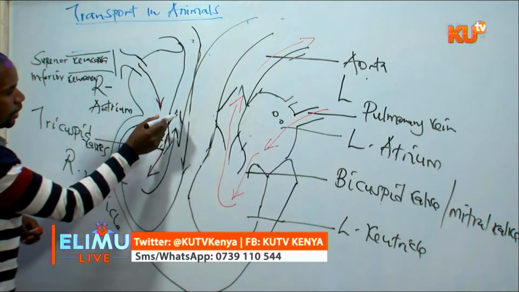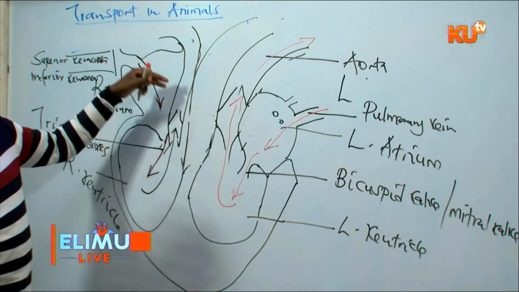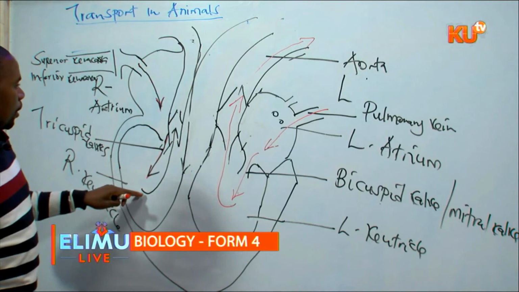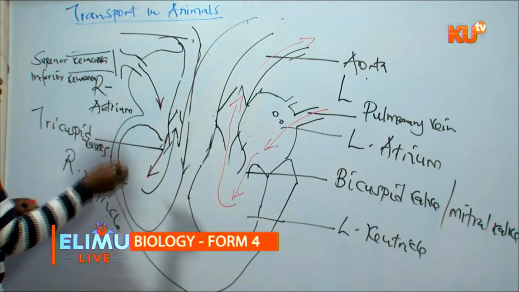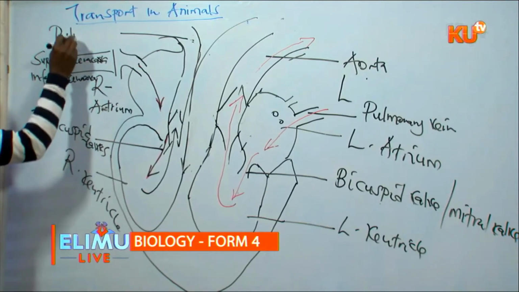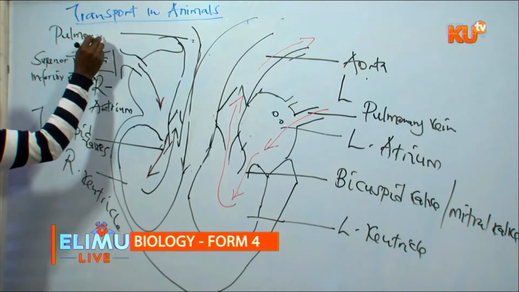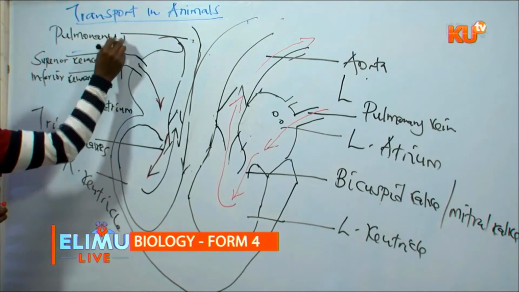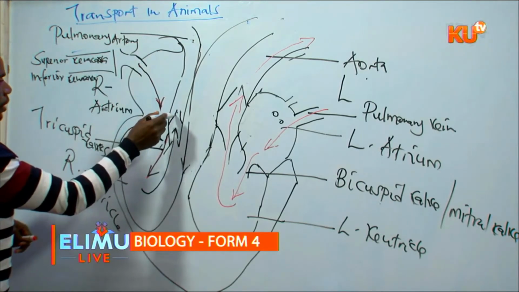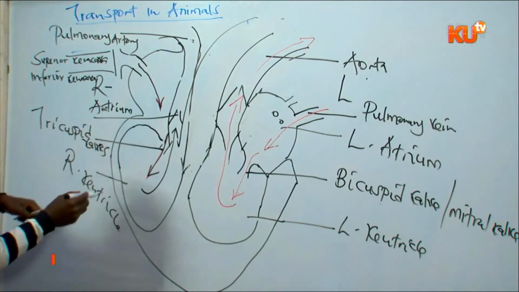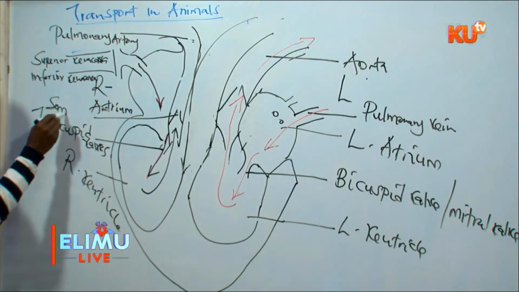So these valves that are here, the ones that are connecting the right ventricle and this artery here, this is the pulmonary artery. So these valves here are known as semilunar valves.